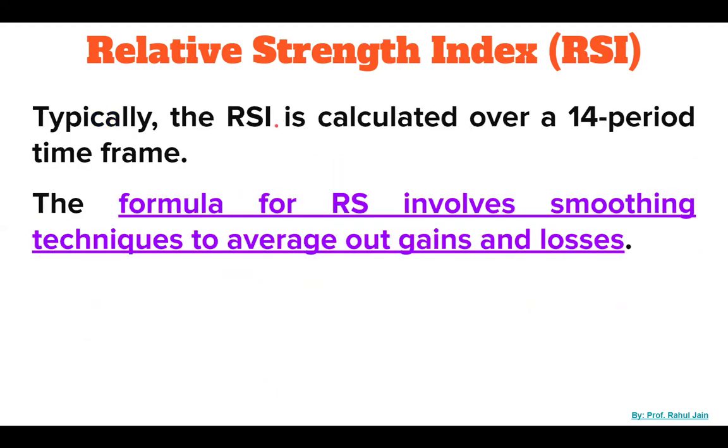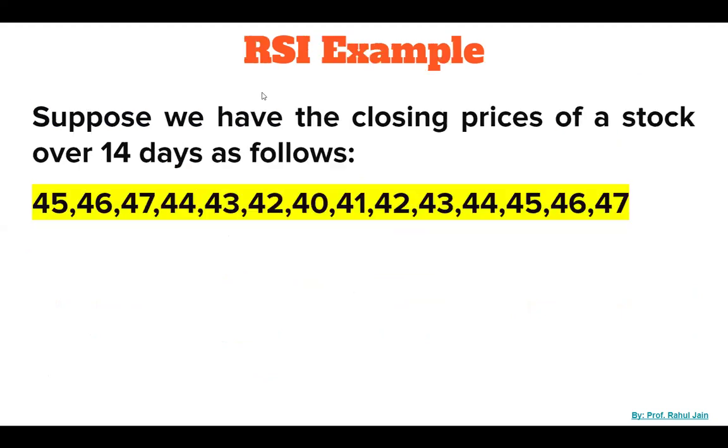Now, typically RSI, that is the Relative Strength Index, is calculated over a 14-period time frame. Basically, we can use 14 days of stock prices and work on it. The formula for relative strength involves smoothing techniques to average out gains and losses, right?